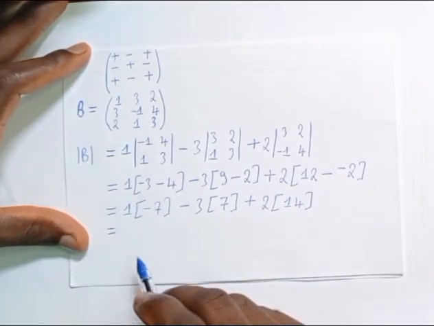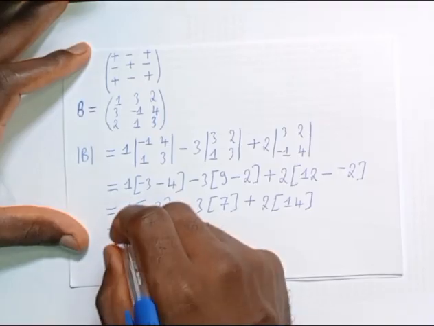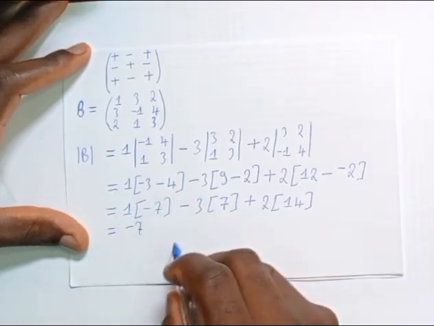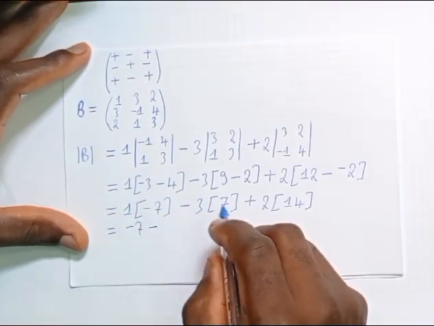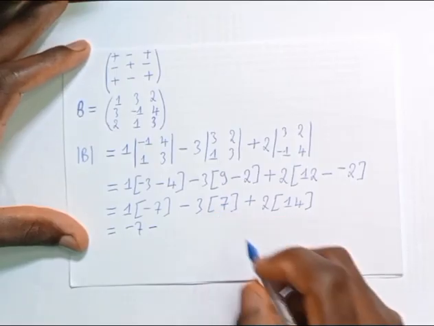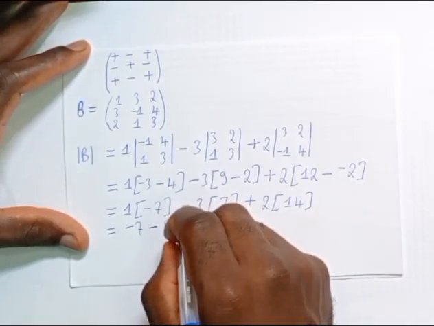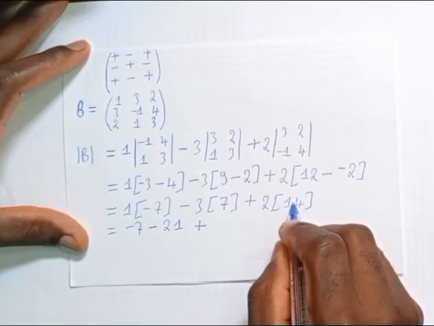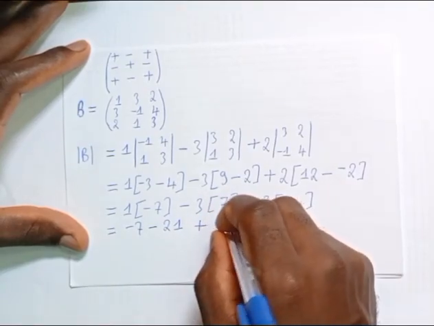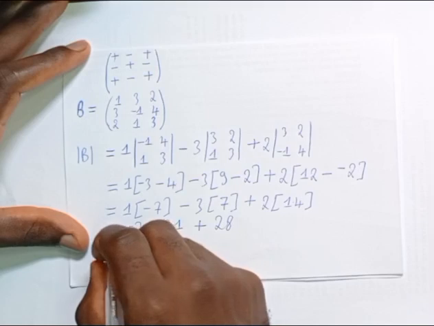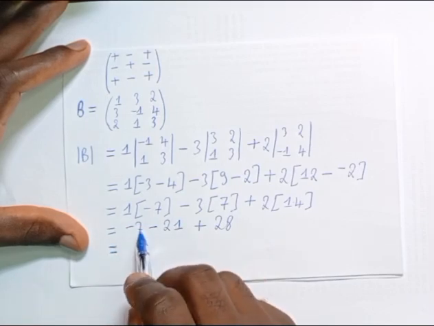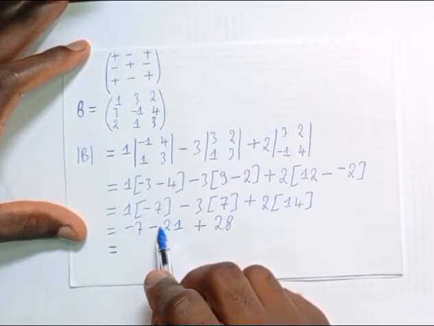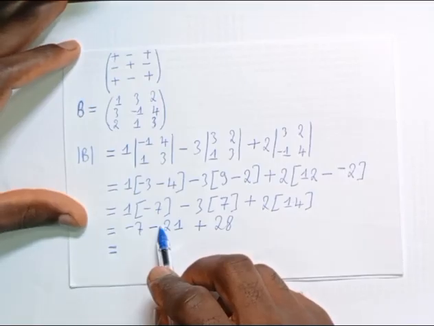This will simply be equal to 1 times negative 7 gives us negative 7, minus 3 times 7, which gives us 21, plus 2 times 14, which gives us 28. This will simply be equal to negative 7 minus 21 gives us negative 28.